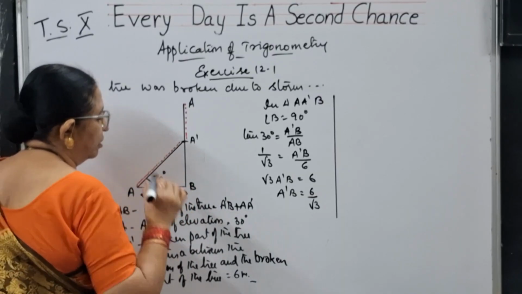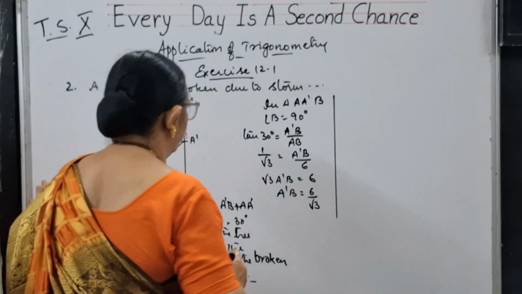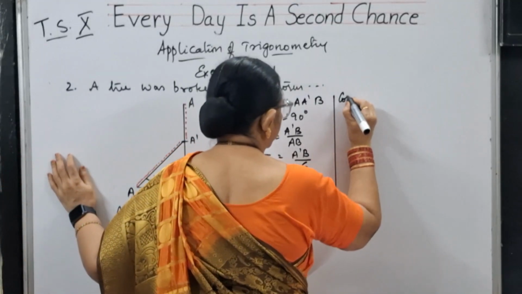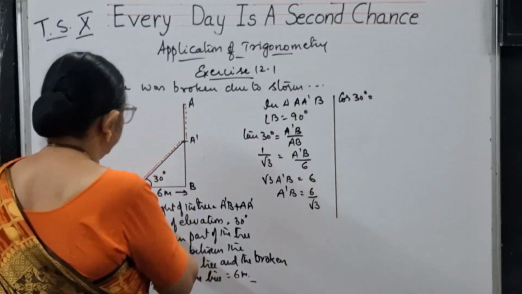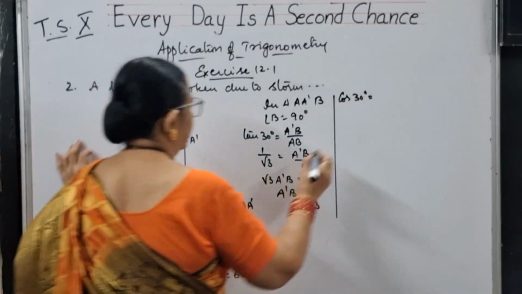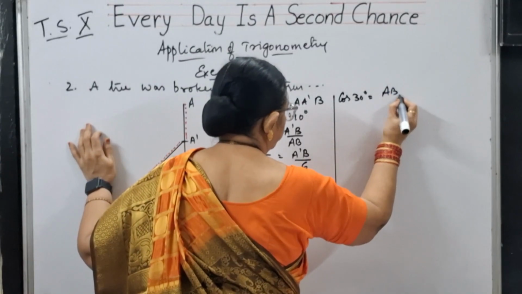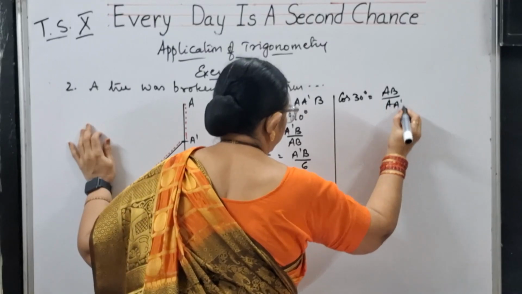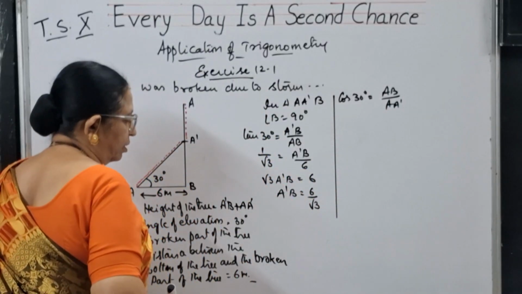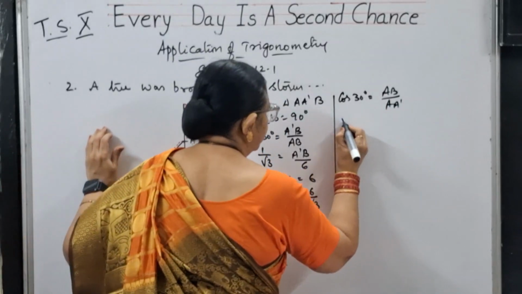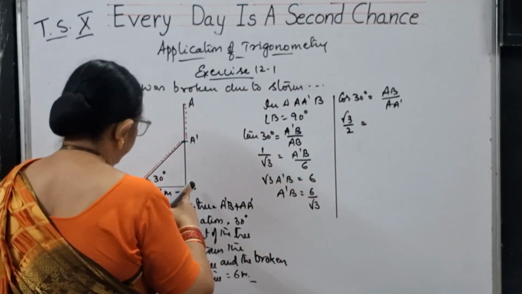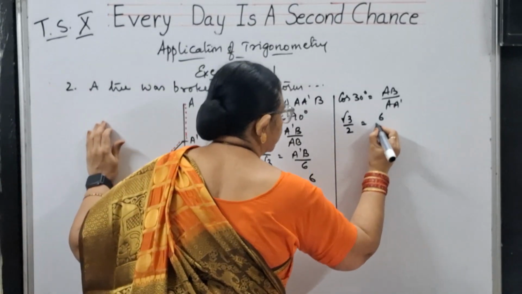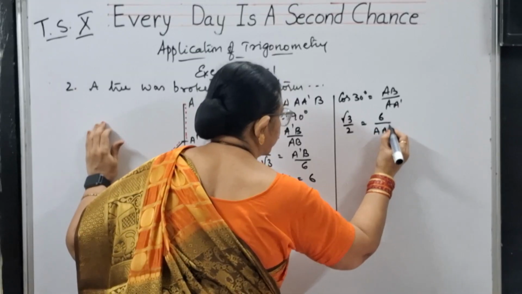Adjacent by hypotenuse is cos 30. So we will be finding out cos 30 degrees is equal to AB by A'. AB by A' is cos 30. So cos 30 value is root 3 by 2 is equal to AB is 6 by A'.